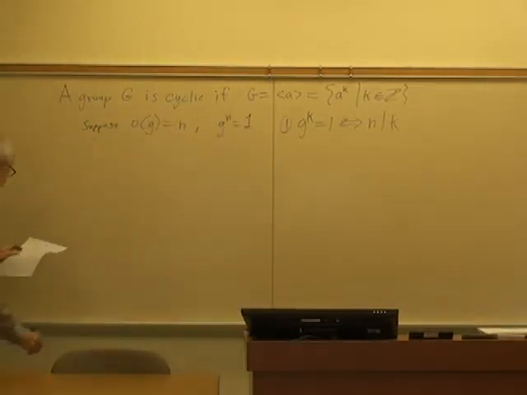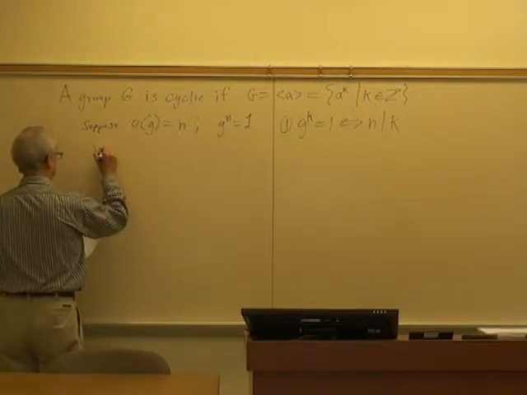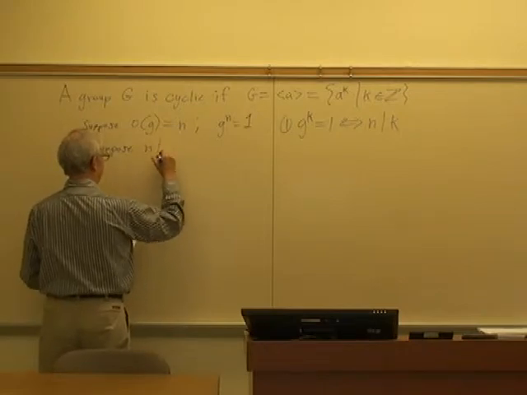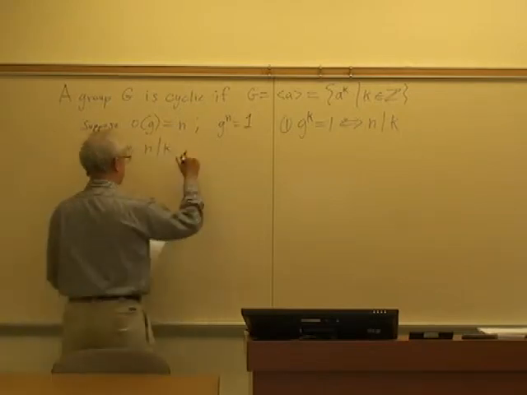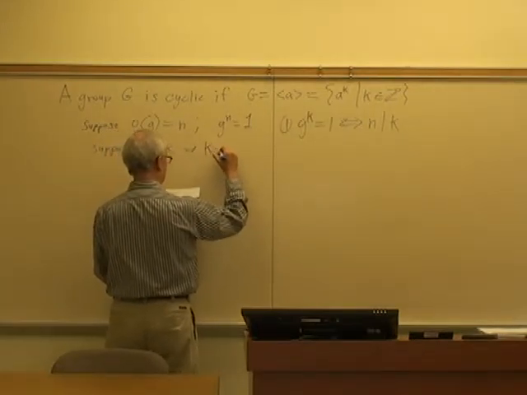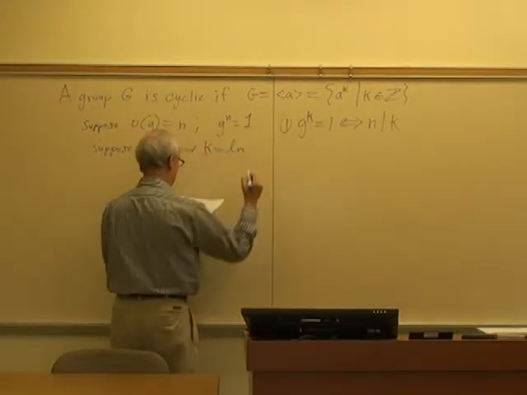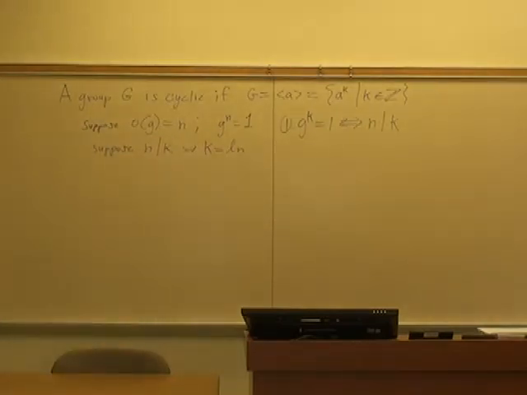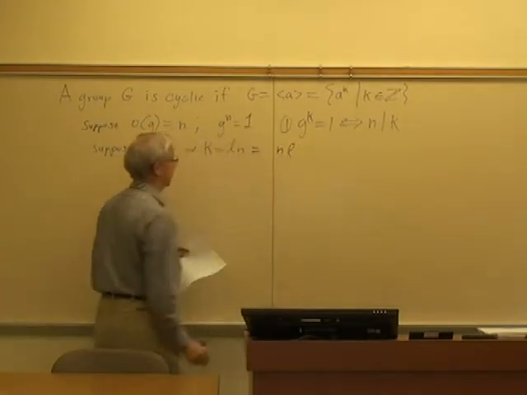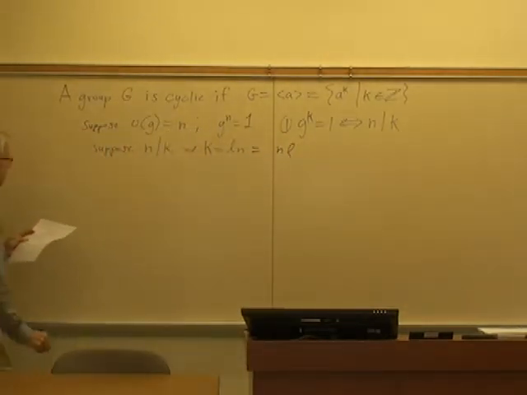And the proof went as follows. Suppose that n divides k. That means that k is some multiple of n. I'll call it Ln. And because these are integer exponents, this is clearly the same as nL, right? Integer multiplication commutes.